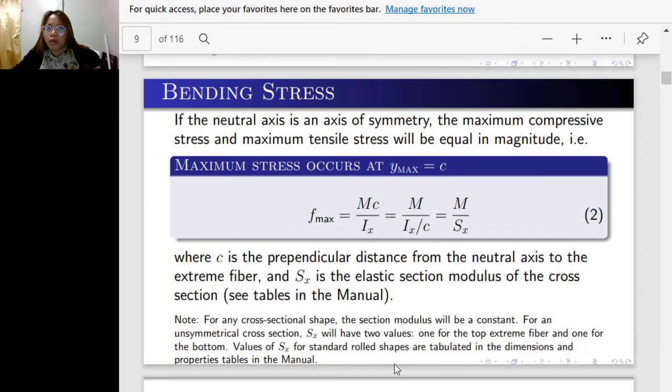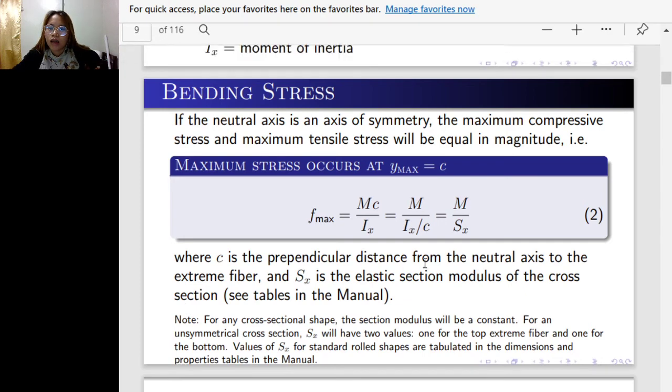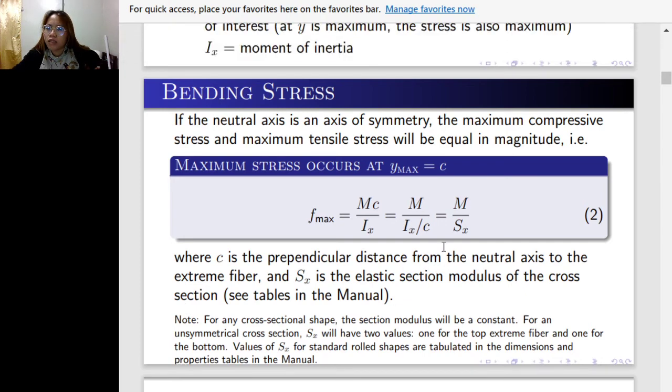If you remember your strength of materials, these values are already tabulated for different shapes of the material.